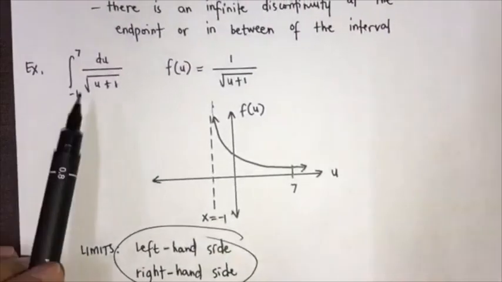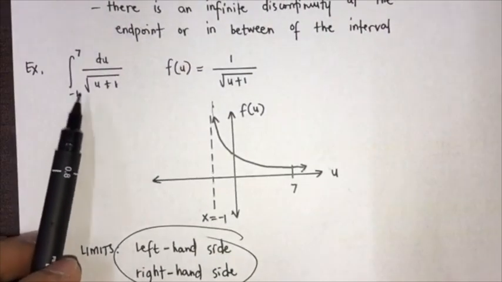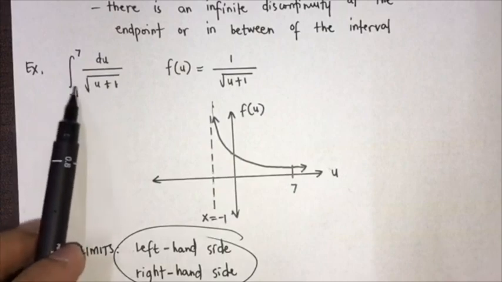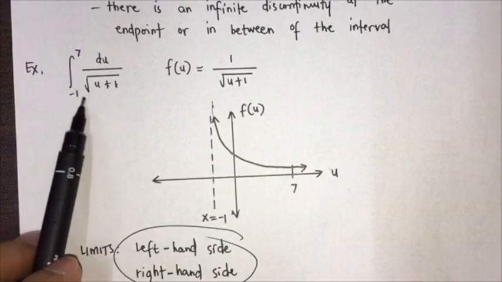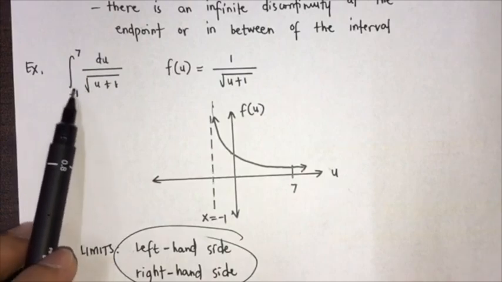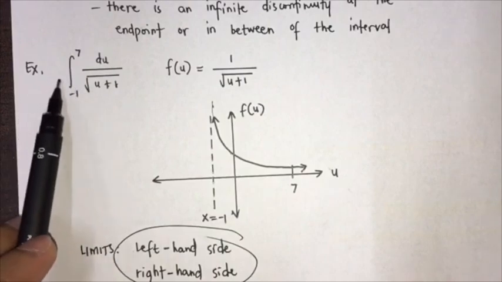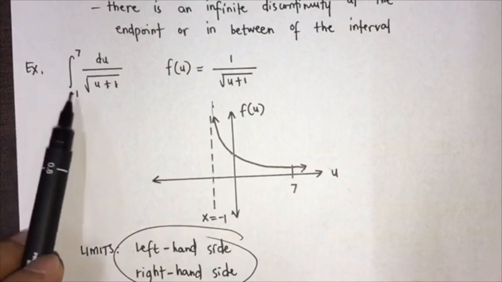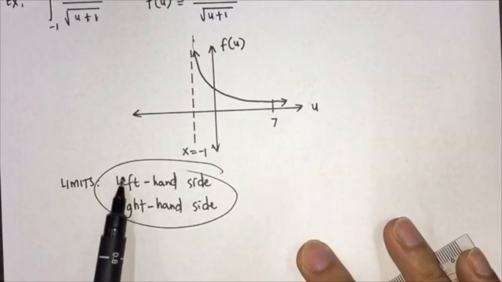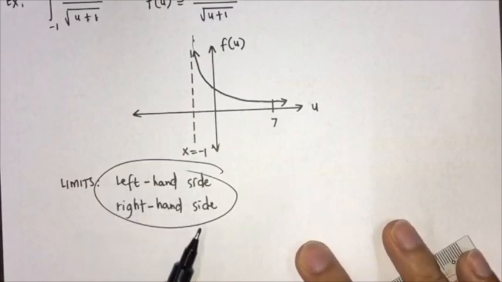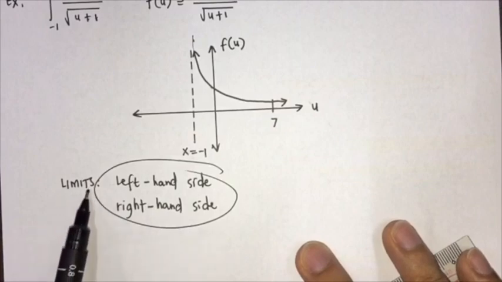Also, if we have an infinite discontinuity, similar to infinite limits, we replace the endpoint with a variable, and we evaluate the limit as it approaches that value, but we use the left hand side or the right hand side symbols for evaluating the limit.